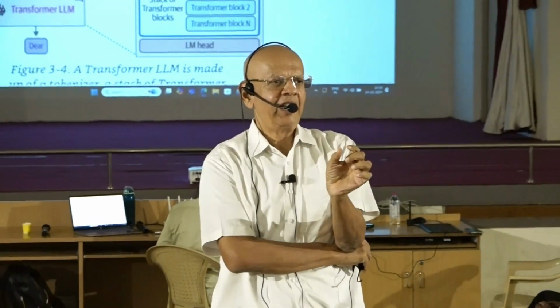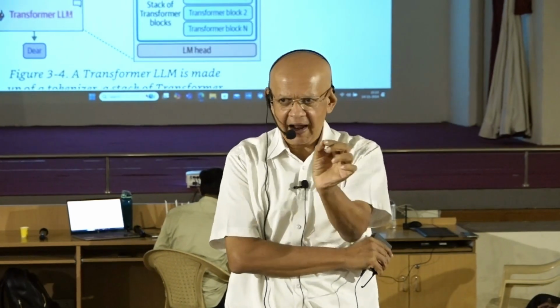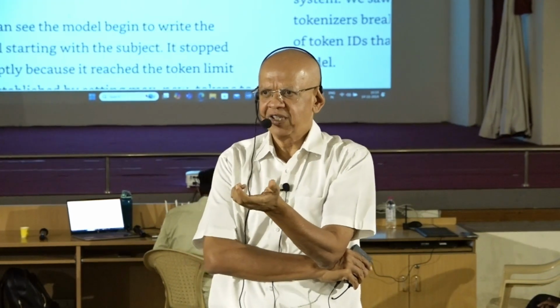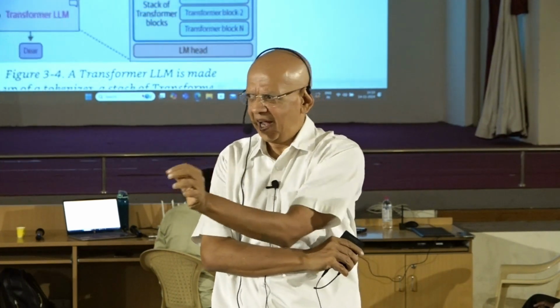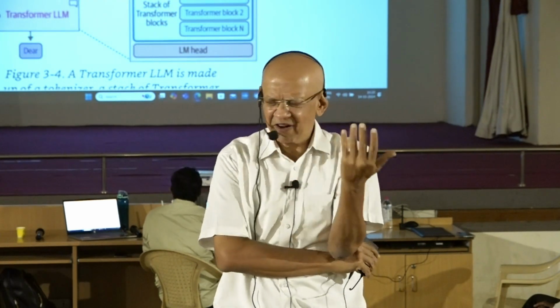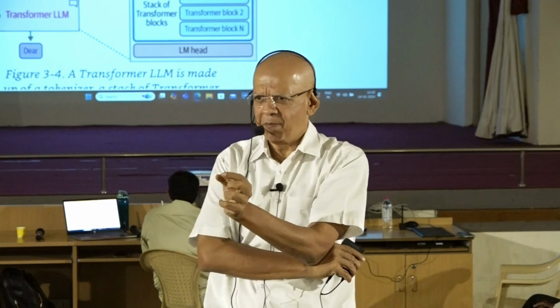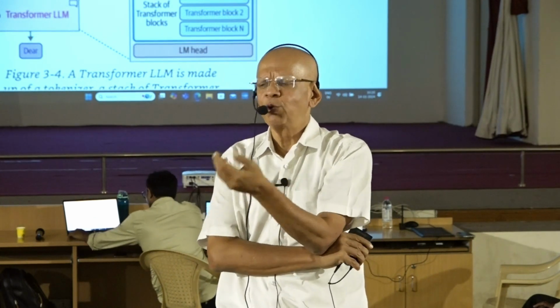Now, generally, there is no one-to-one correspondence between a token and a word. Often, words like together get split into two, to and gather. There are many words, I can give many examples, but that's not important. Most of the words split into at most two tokens.